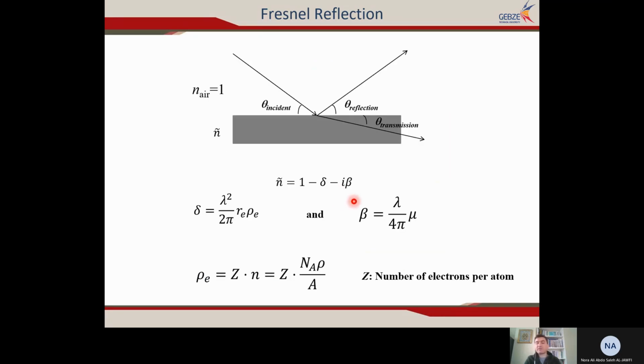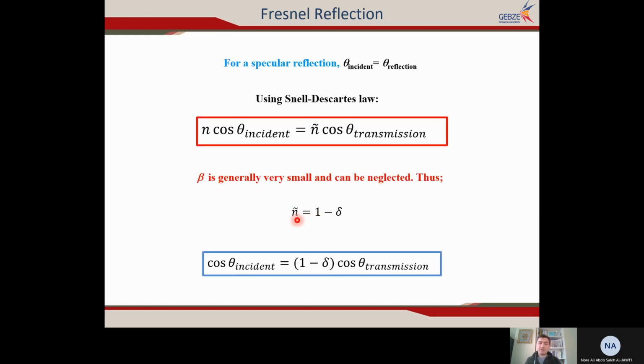We are using hard X-rays. So in case of hard X-rays, the absorption is very small compared to the scattering. So this absorption part can be neglected. Then we have n, which is equal to 1 minus delta.